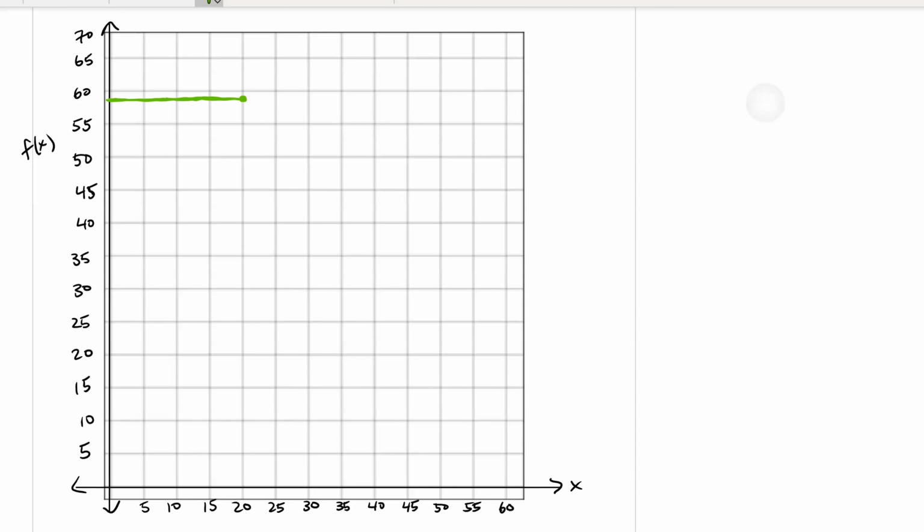The second equation, let's remind ourselves, was 58 plus 0.4 times x minus 20 if x was greater than 20.